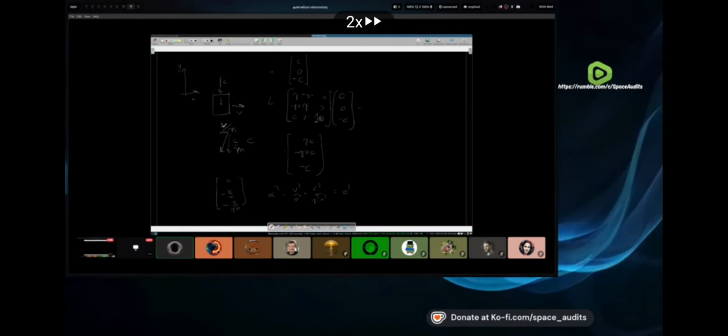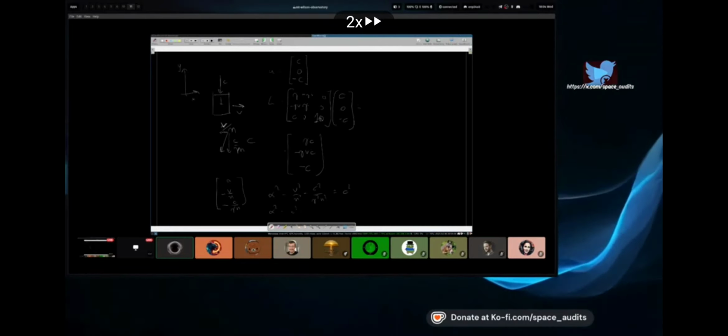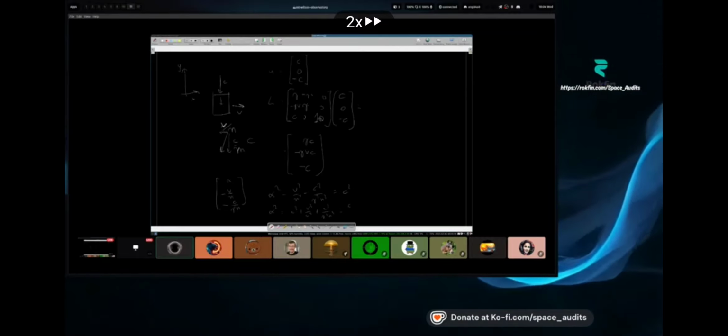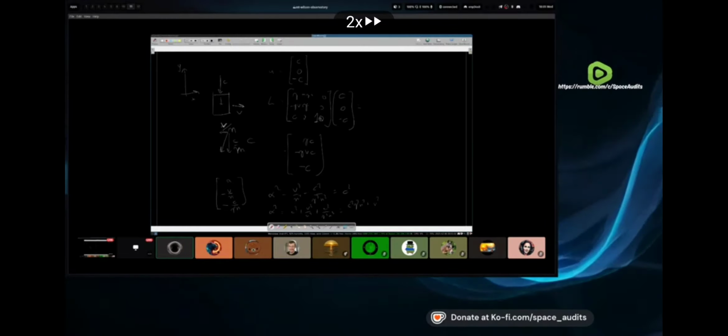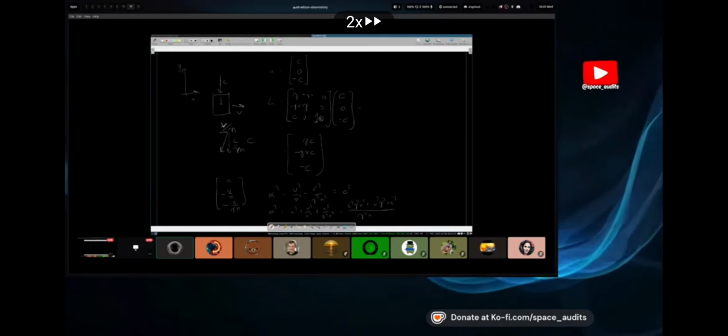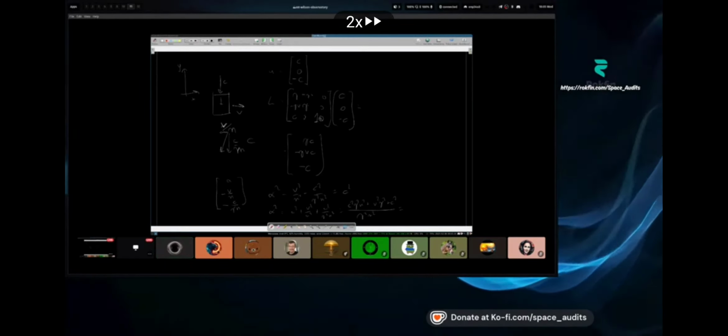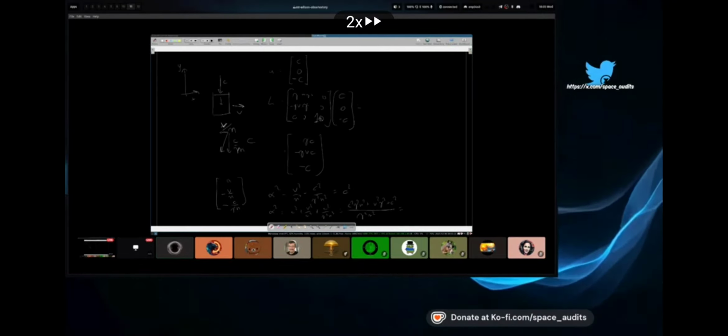This has to be c squared, so alpha squared equals v squared over n squared plus c squared over gamma squared n squared. Those c's will be the death of me.